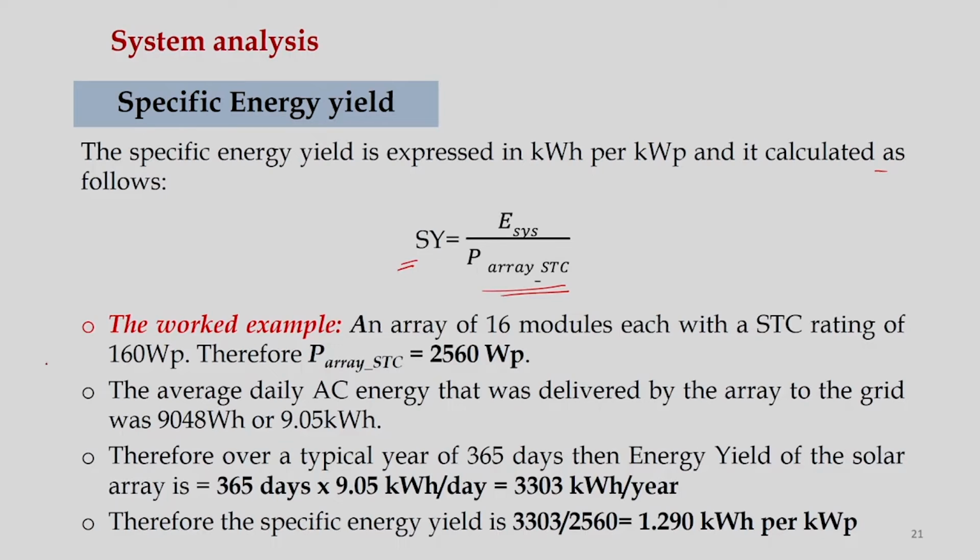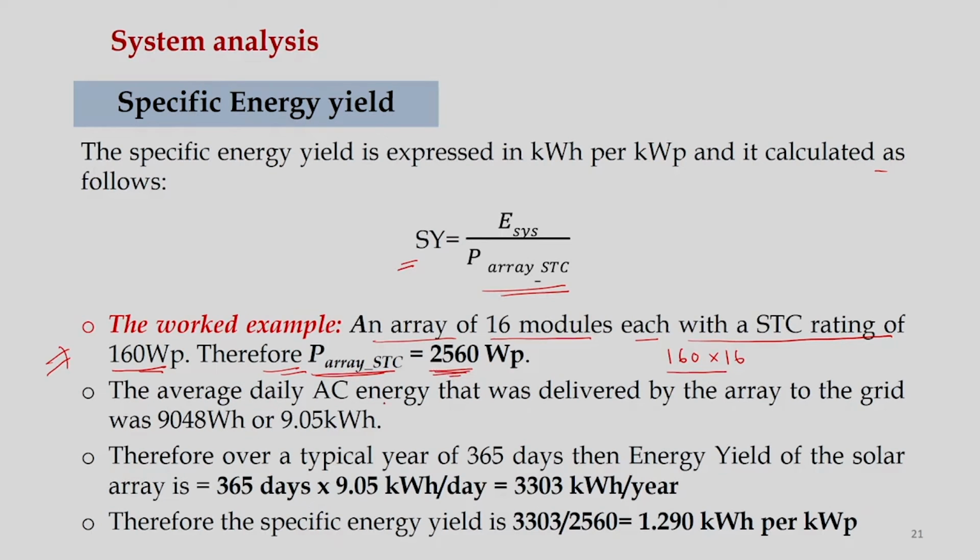In the same problem, an array of 16 modules with a STC rating of 160 watt peak. Therefore, P array STC will be 160 multiplied by 16, which is 2560 watt peak.